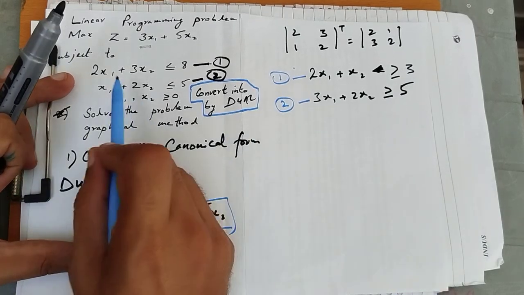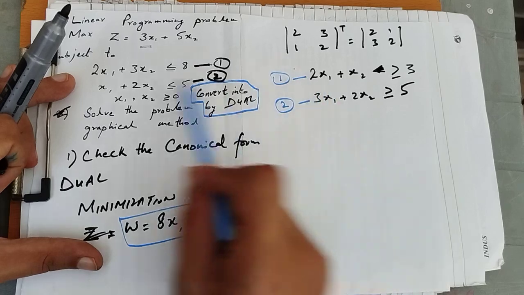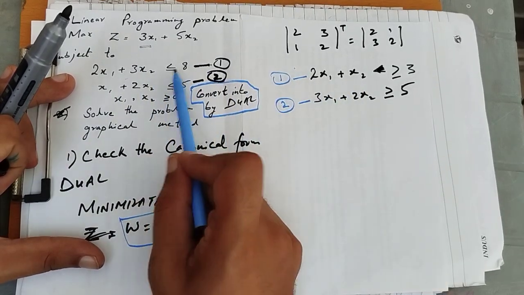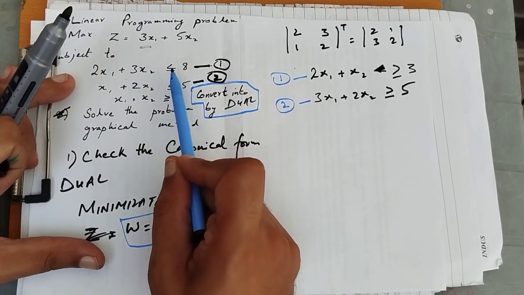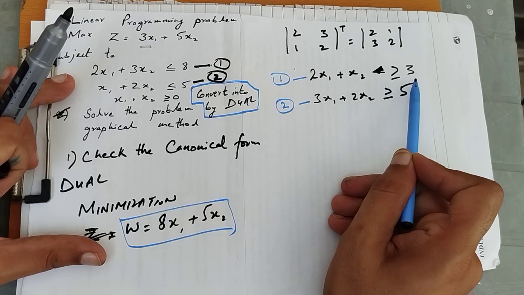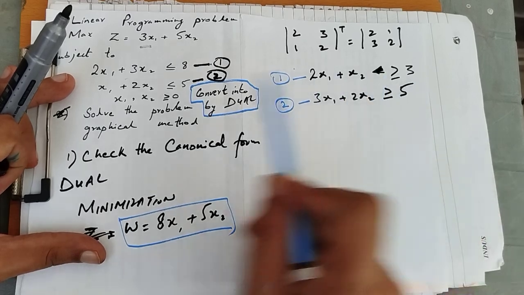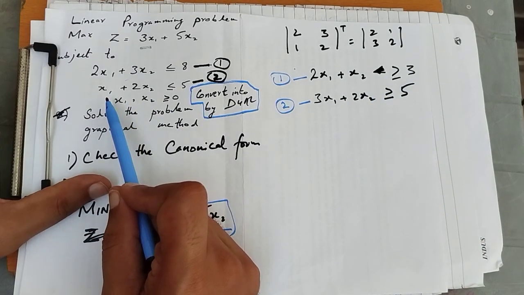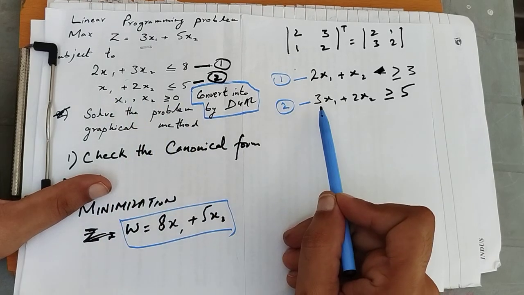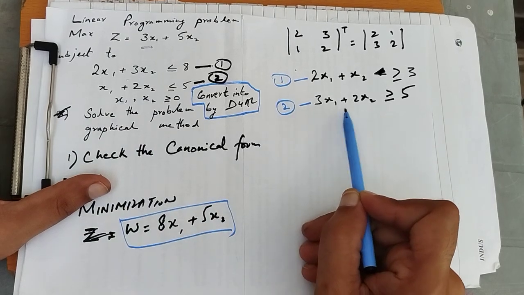So you see the first constraint is transformed from 2x1 plus 3x2 to 2x1 plus x2, and the inequality is changed from less than to greater than or equals to, and the right hand side is changed from 8 to 3. And the second constraint is changed from x1 plus 2x2 into 3x1 plus 2x2.